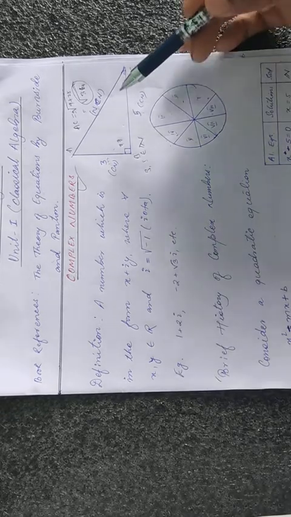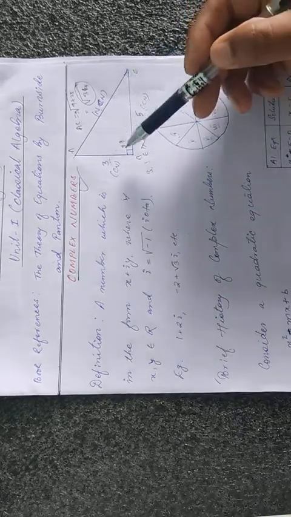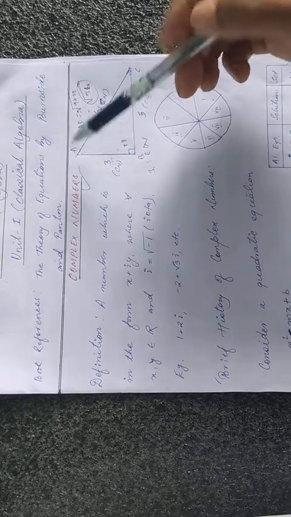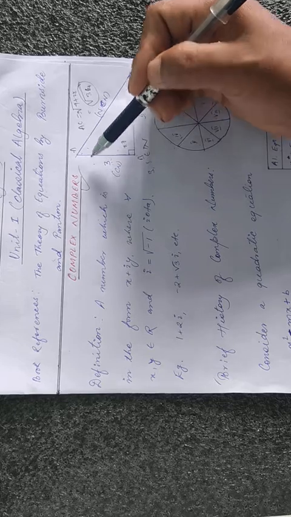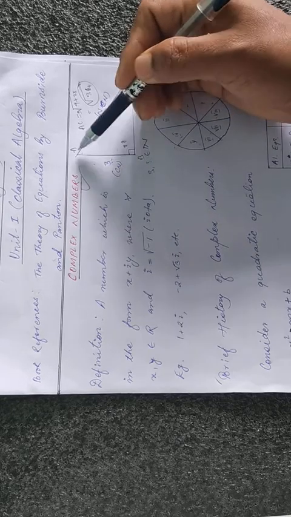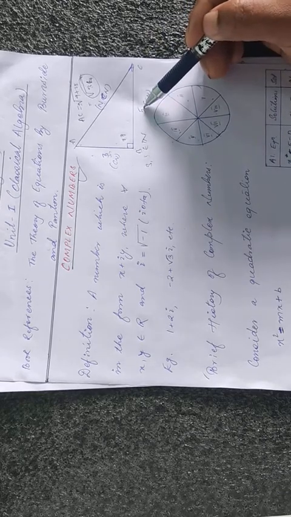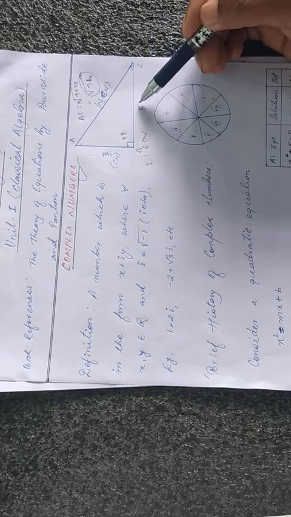If we see this figure, consider that one side of this triangle is 3 and another side is 5.